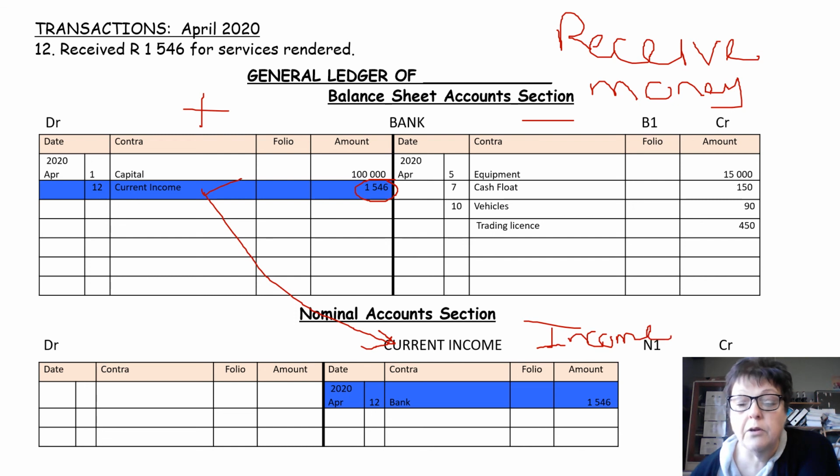Income is in the nominal section. Increases on the credit side, decreases on the debit side. On the credit side, the more money you receive, the bigger the income becomes. That is why we write on the credit side. There is the debit on the debit side of the bank, credit side of current income.